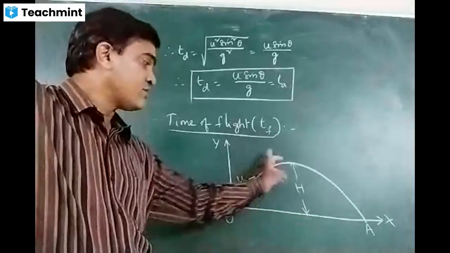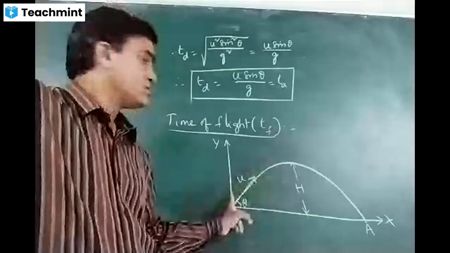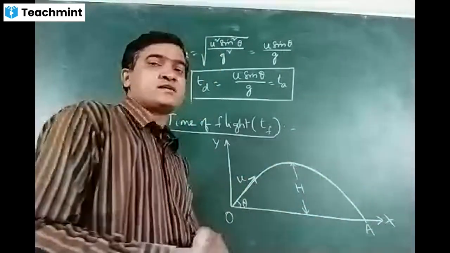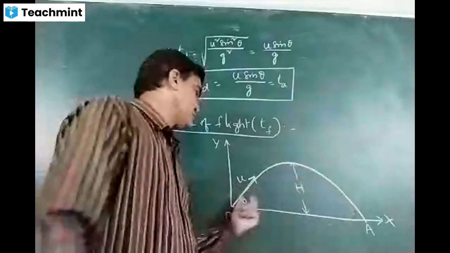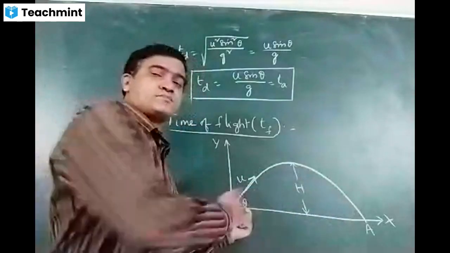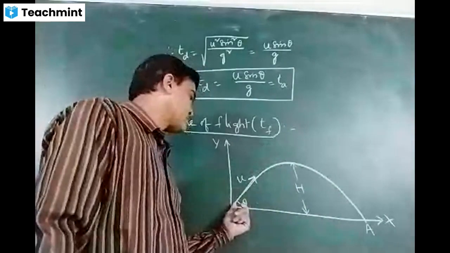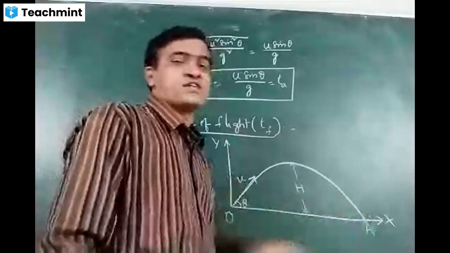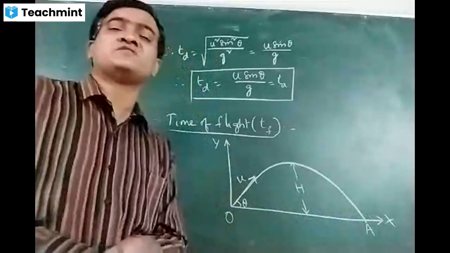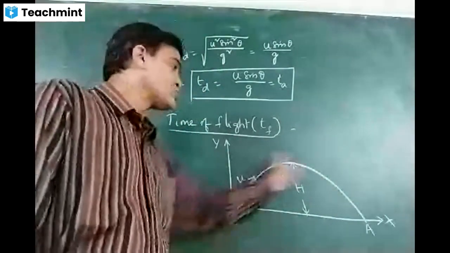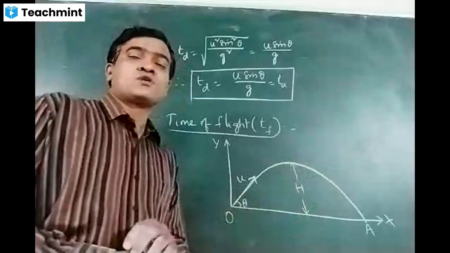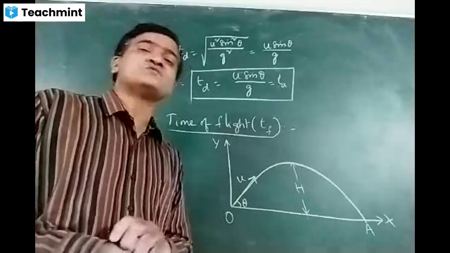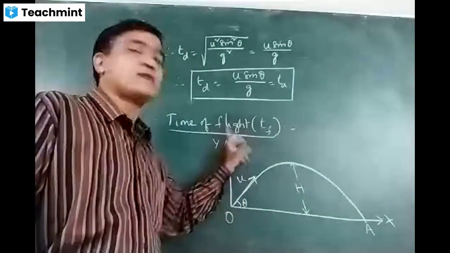But the particle, when it is moving in air, this entire path, it is in air only. Just after going from point O, just before it strikes point A, the entire path is in air only. So what is this total time called? The total time taken by a projectile to remain in air is called time of flight.